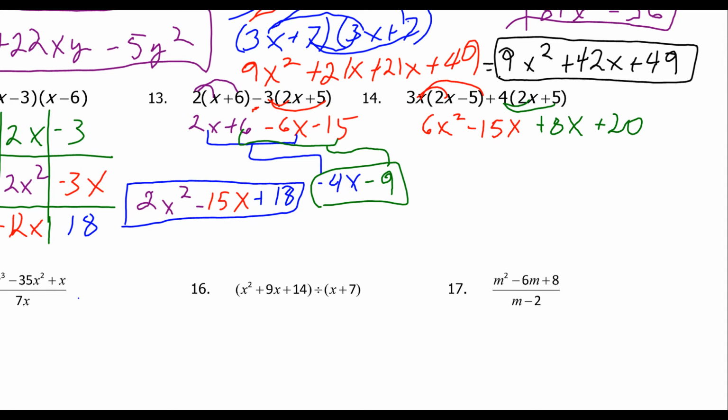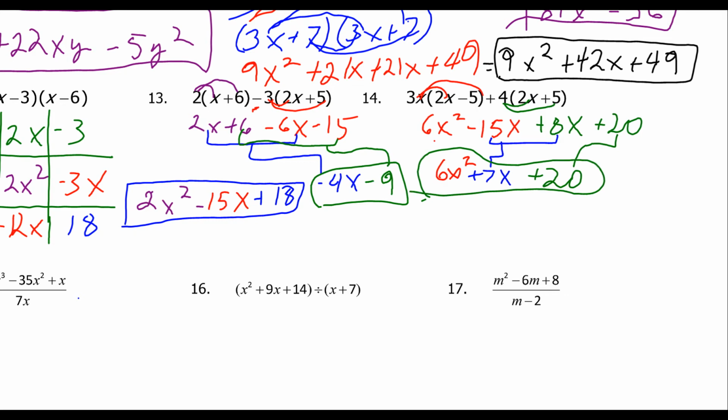We don't have anything to combine the 6x squared with, so we go 6x squared. And then negative 15 plus 8 is going to be negative 7x. And then the last little bit here is just plus 20. And there's our answer. And it's done.